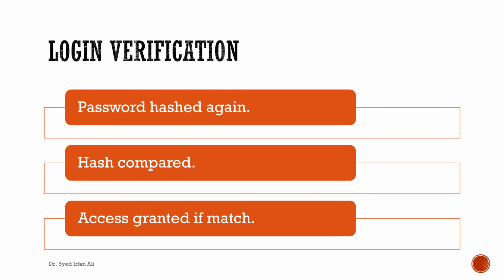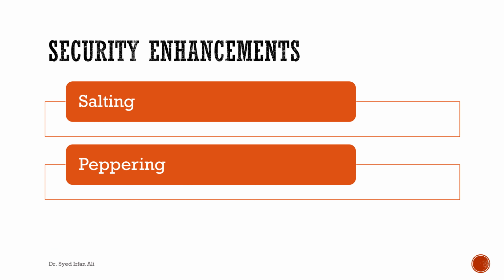This new hash is compared with the stored hash. If both hashes match, access is allowed. Otherwise, login fails. To improve security further, salting is used, which adds a random value before hashing. Peppering adds a secret server-side value. These techniques protect against attacks like rainbow tables.